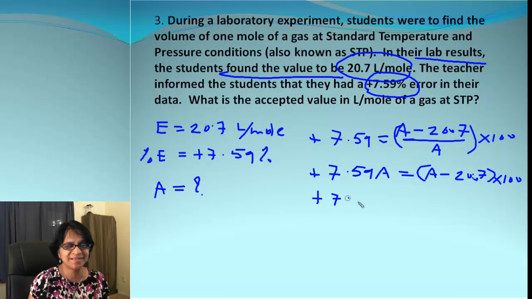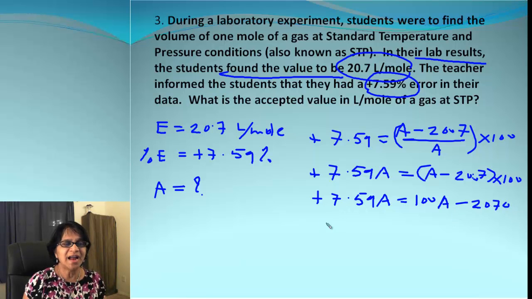You multiply the other side by 100, and what do we get? 100A minus 2070, right? And then you of course bring A to one side, rearrange that, and what do we end up getting?